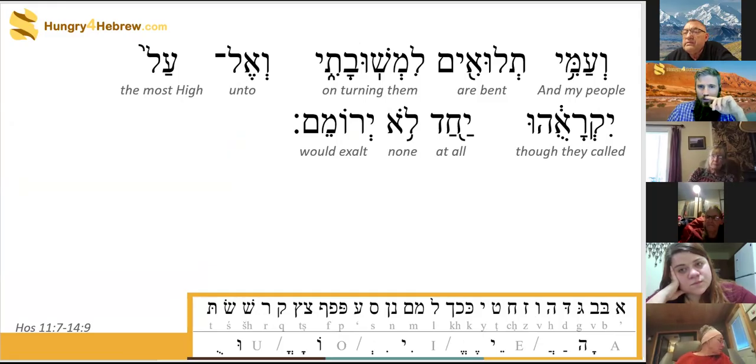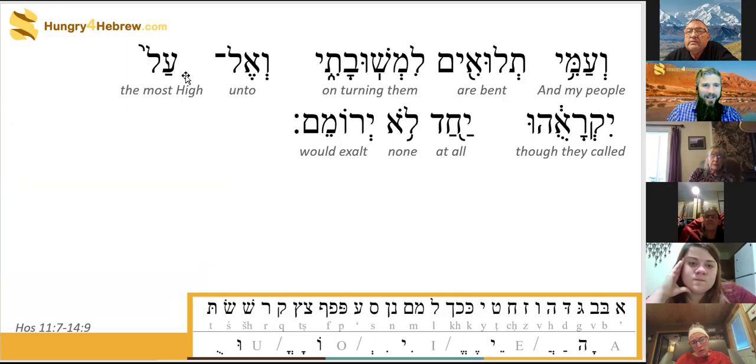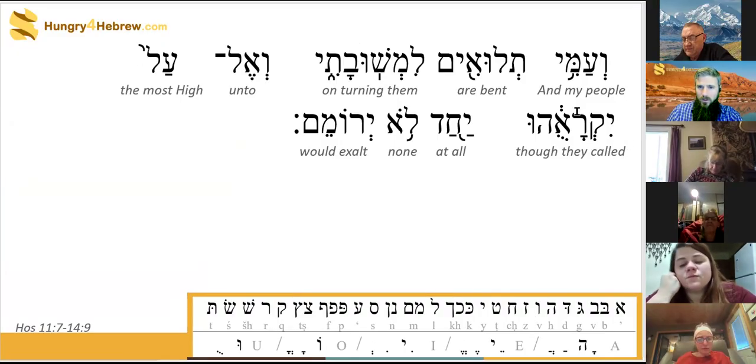Okay. And the El Al, so here it's using Al as a noun, the one who is above, right? Al is a preposition, right? But if it's talking about the Elyon, the highest one, the El Al. Yikra'uhu. They call.